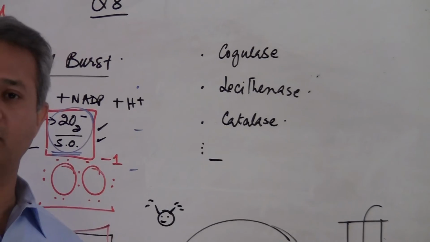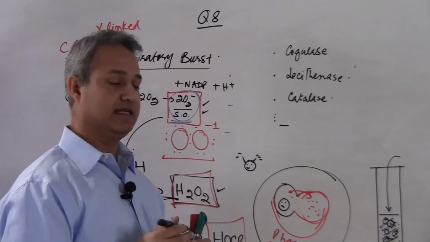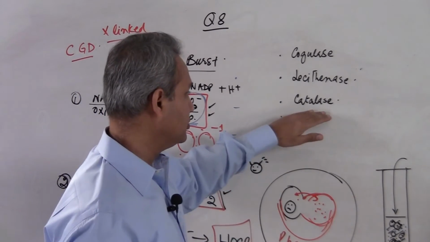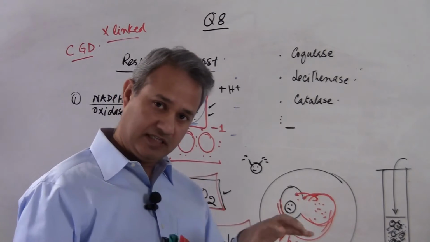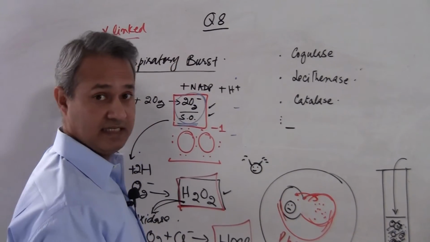There can be more, but let's say we take coagulase, lecithinase, and catalase. Which substance produced by these pathogens is allowing them to create infections in the presence of a disease like CGD?